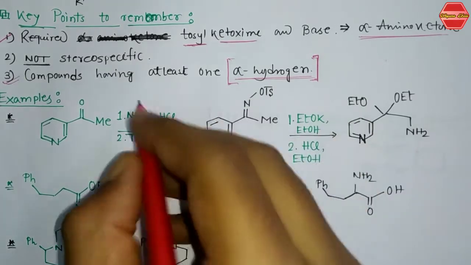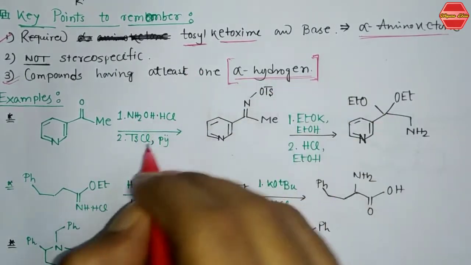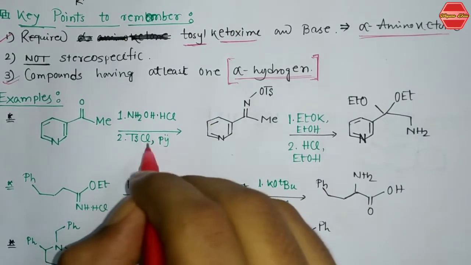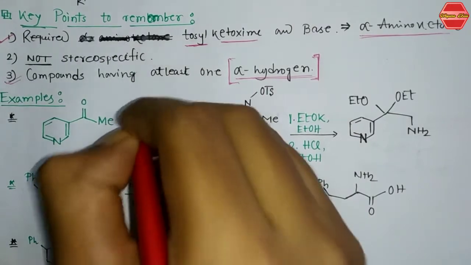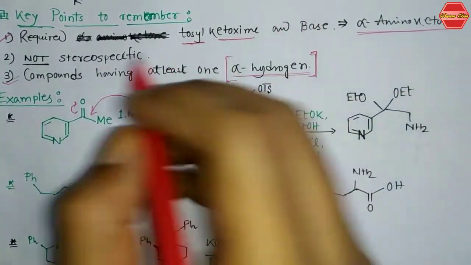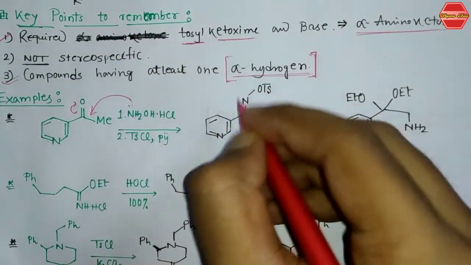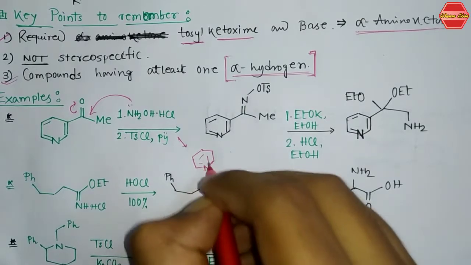You have to put NH2OH in the presence of HCl, and in the second step you put tosyl chloride in the presence of pyridine. So it can attack over here, it can go like this. After the removal of water, you are going to get this product.